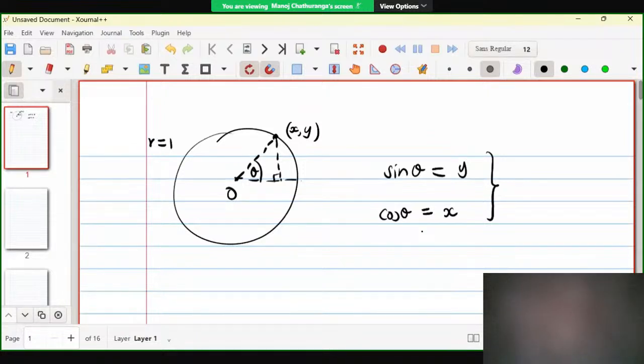And based on that, we can say a lot of things. We have the freedom to choose any real number as our angle theta. But keep in mind that in this setting, we are always using radian measure, not degree measure.